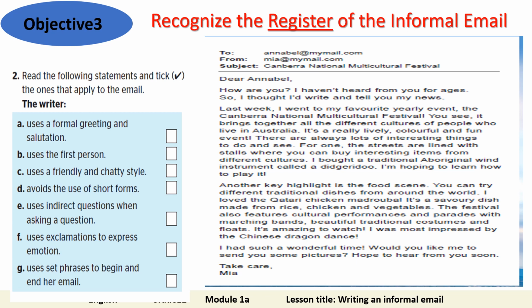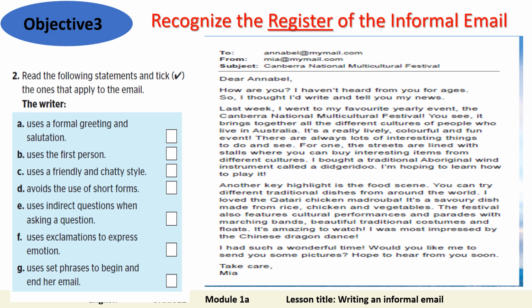Let's work this one out. Letter A. Does she really use a formal greeting and salutation? A formal one? How are you? Is how are you a formal one? I don't think so. So this option is not applicable.